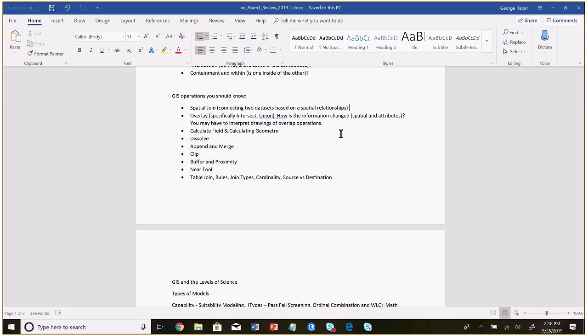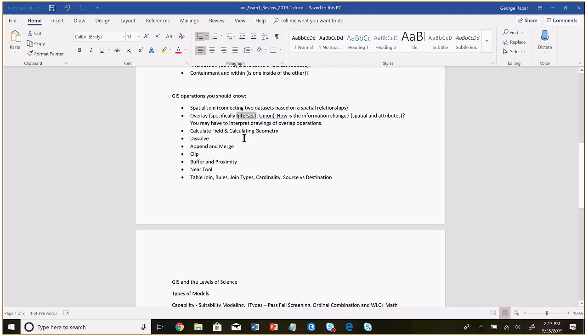Just looking through the test, I do not see anything besides union and intersect. I know we discussed each of those types. So looking at union and intersect, remember all the overlays are basically the same. It's just how the geometry is different. And so you should know union and intersect and how the output is different in each of those.